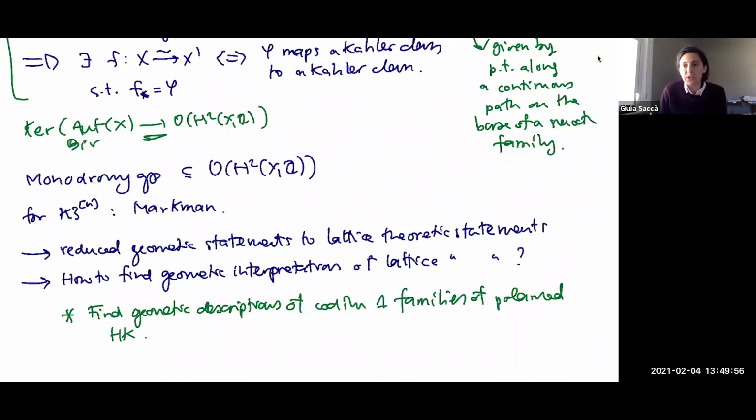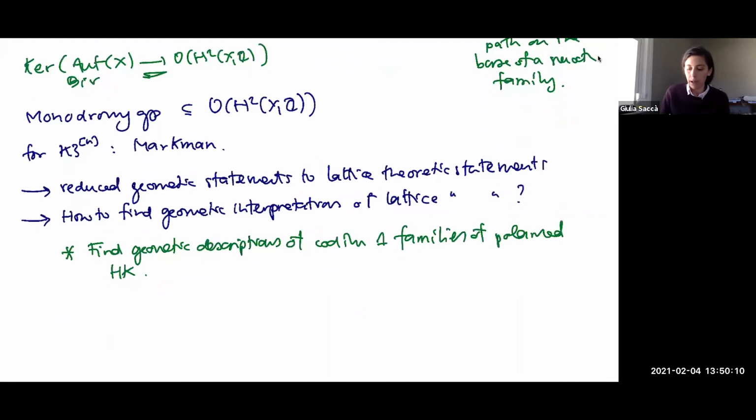The existence of such families follows from the surjectivity of the Torelli map together with lattice statements about which squares of ample line bundles occur and so on and so forth. But how to find them geometrically explicitly, that's another question.